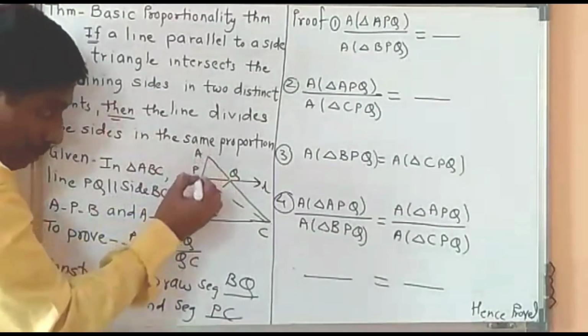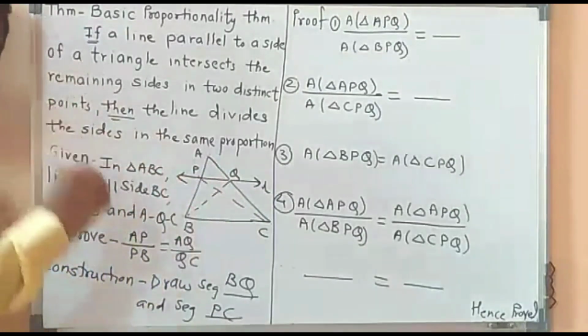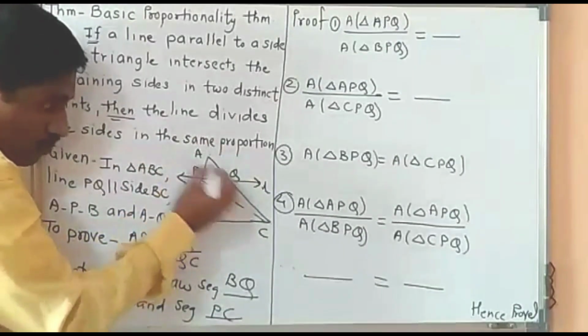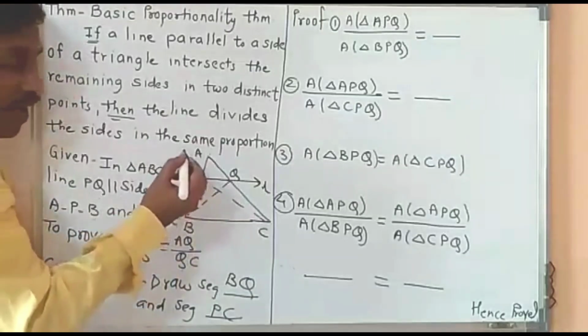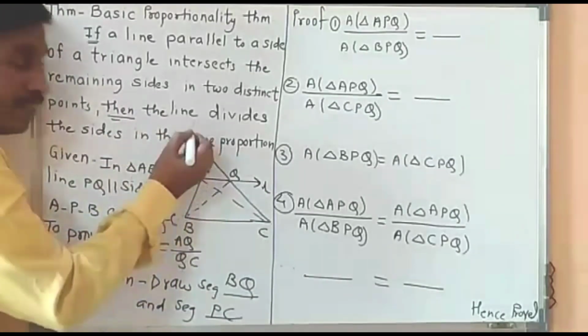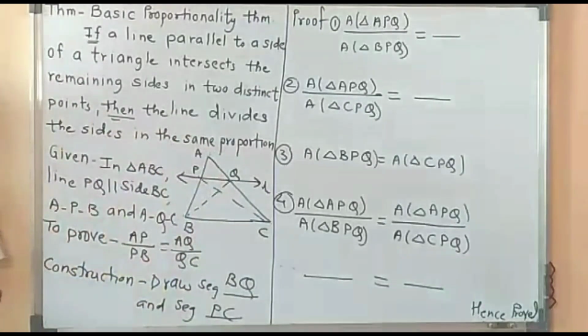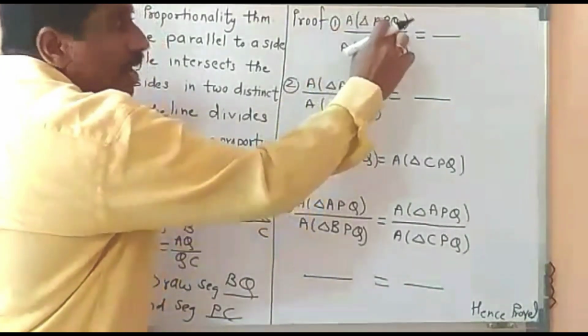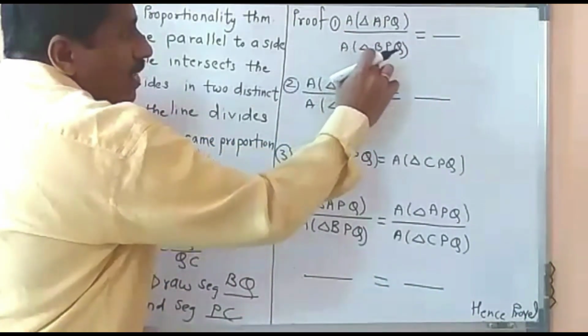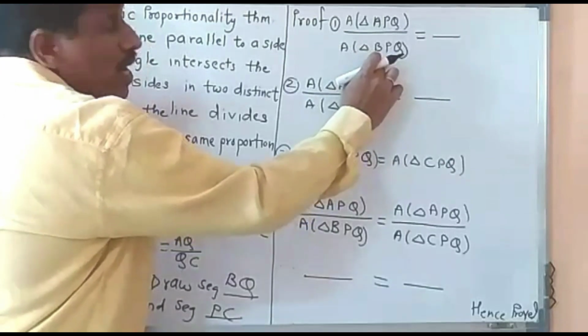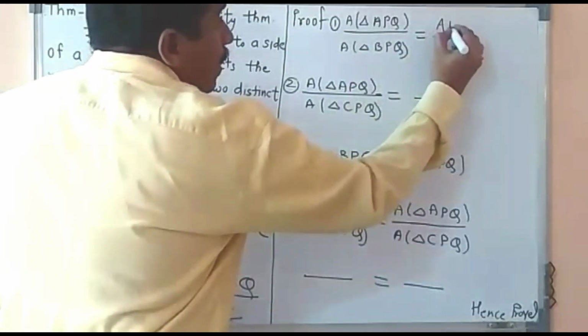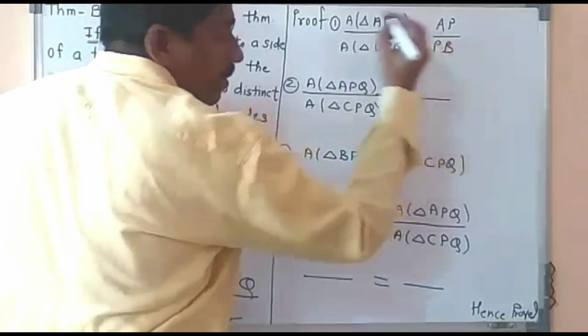So AP and PB are the bases which are collinear, and the opposite vertex is common. If I draw the height, these two triangles have a common height, and therefore area of triangle APQ upon area of triangle BPQ is equal to AP upon PB.